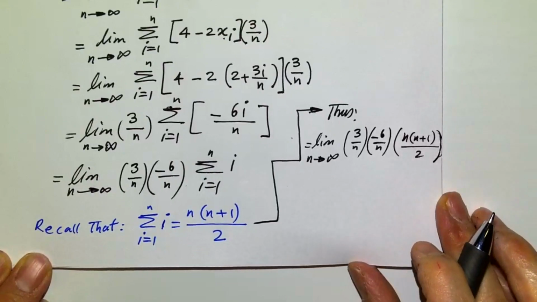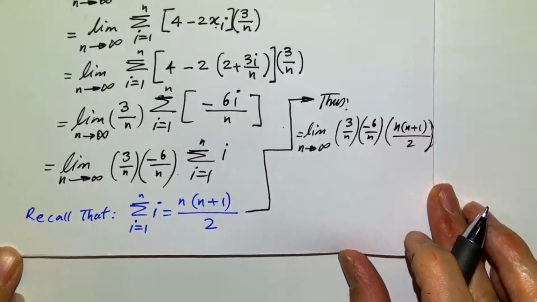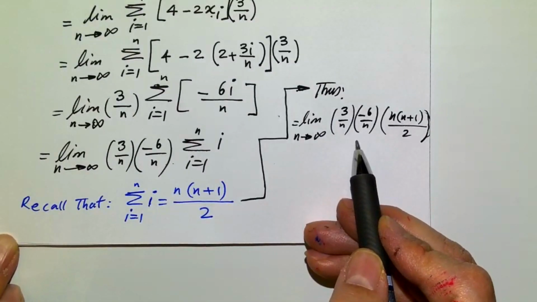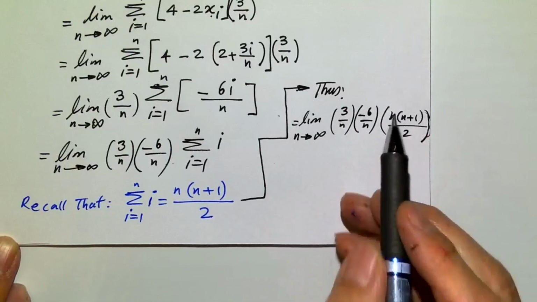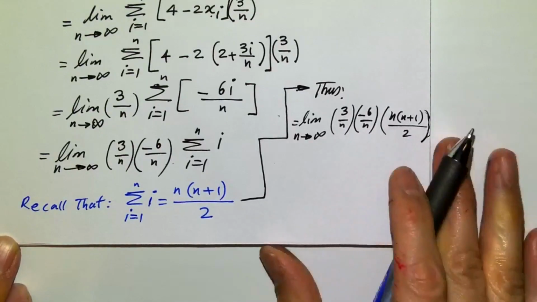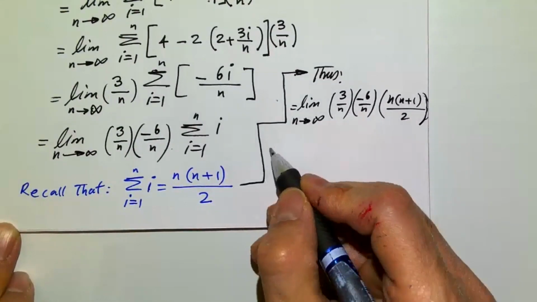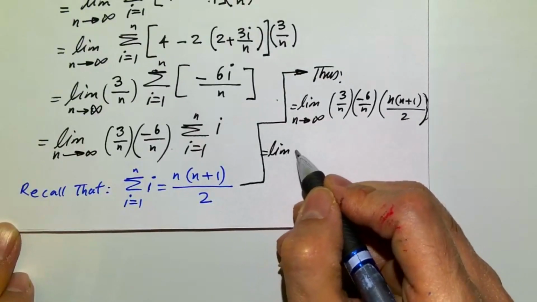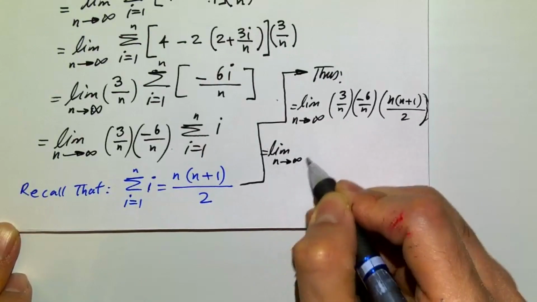All of that. So what do we have? We have minus 18 over n squared, times n, so they cancel each other. Let's write it down here. Oh boy, I hope I can finish it on this page.